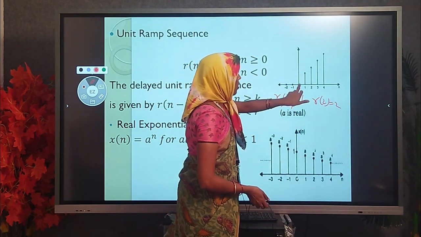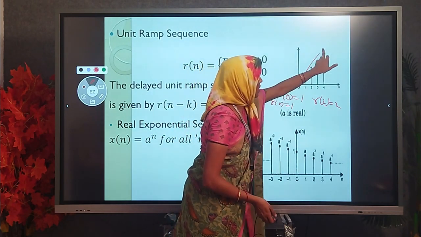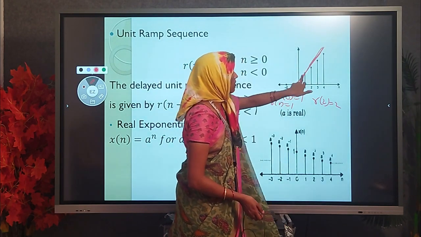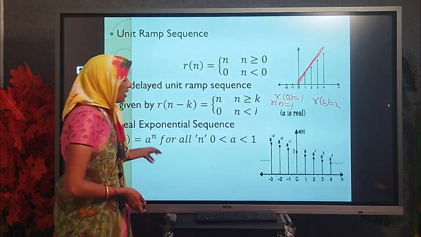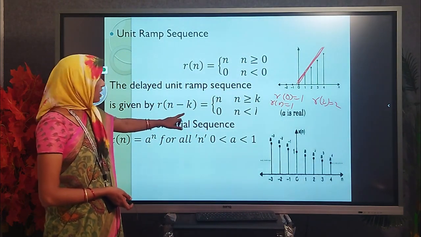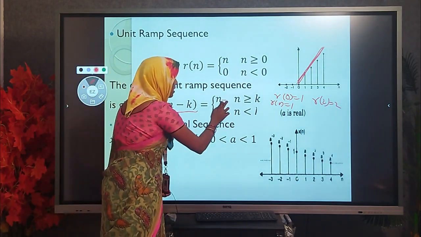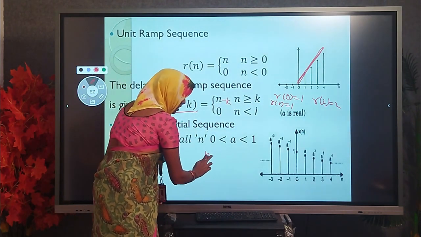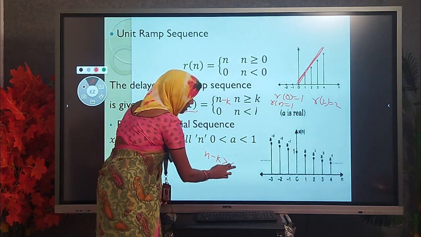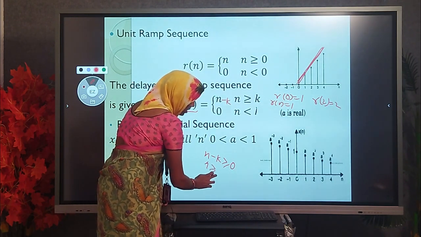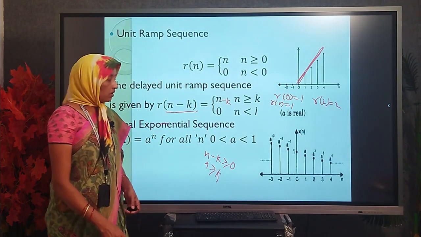So this is a positively increasing or linearly increasing curve. And the delayed form of the ramp signal is given by r of n minus k, that equal to n minus k for n minus k greater than or equal to 0, means n value greater than or equal to k.